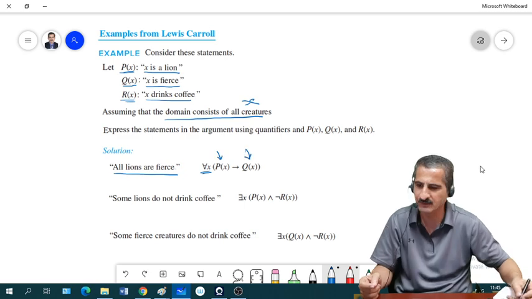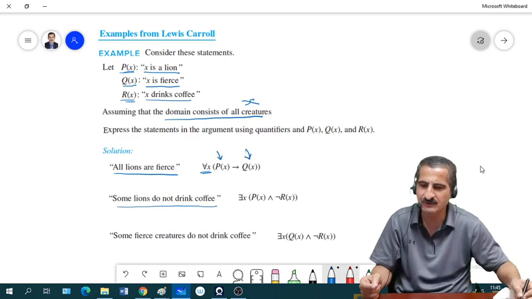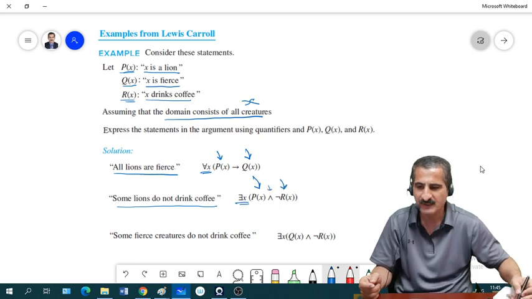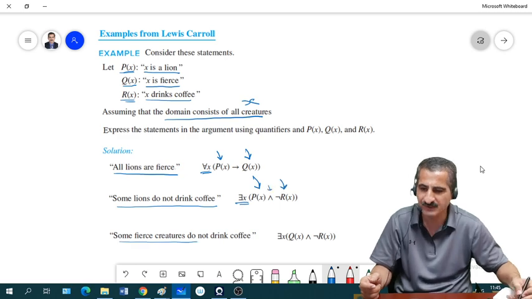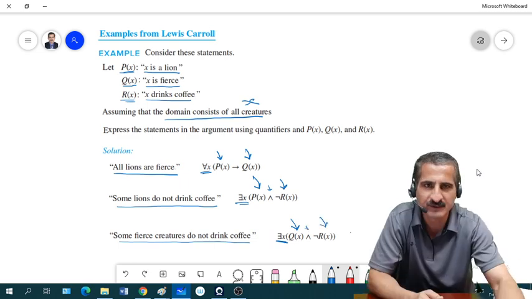I will let you think about it. Some lions do not drink coffee, so there exists a creature which is a lion and it does not drink coffee. And here, some fierce creatures do not drink coffee: there exists a creature which is fierce and it does not drink Nescafe. Okay, and this brings us to the end.